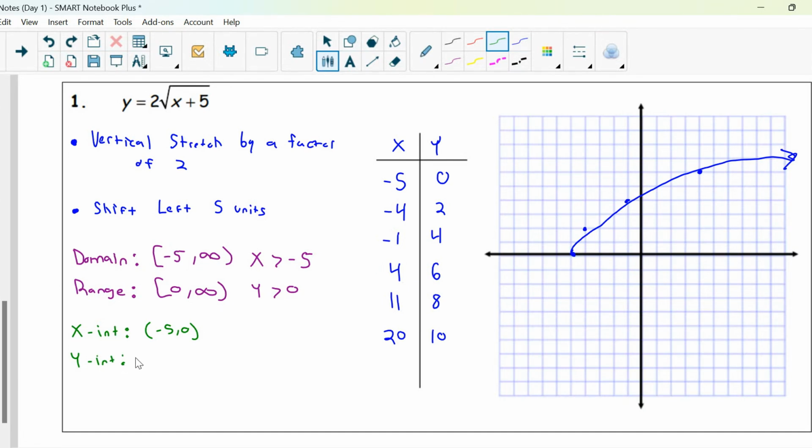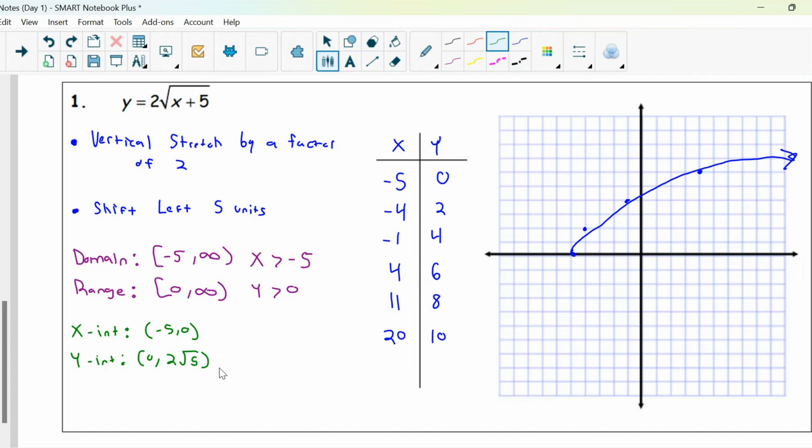So if I plug 0 in for x, 0 plus 5 is 0. So that just gives me 2 square roots of 5. And there we go. That is everything I was hoping to solve for there.